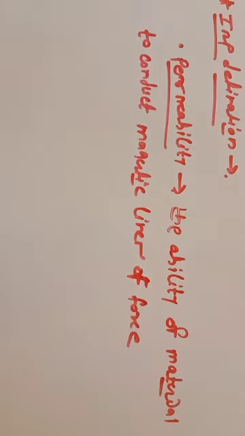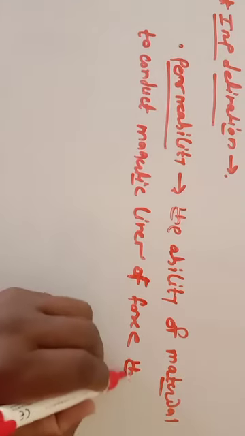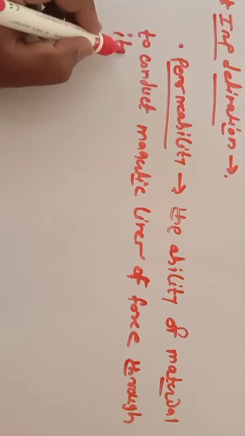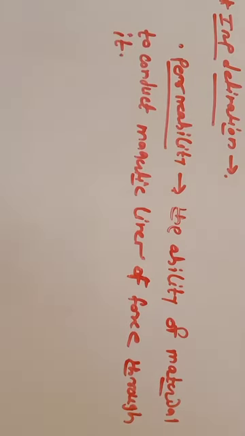The ability of a material to conduct magnetic lines of force through it is called permeability. Depending on the behavior of the material in an external magnetic field, that is, whether the magnetic lines of force pass through the material or not, materials are classified into different types.